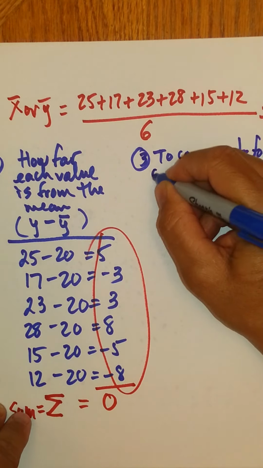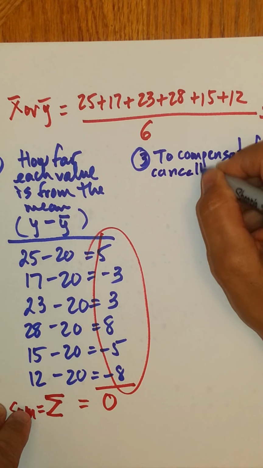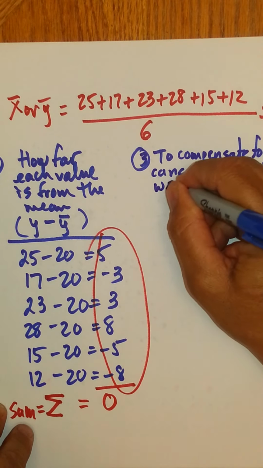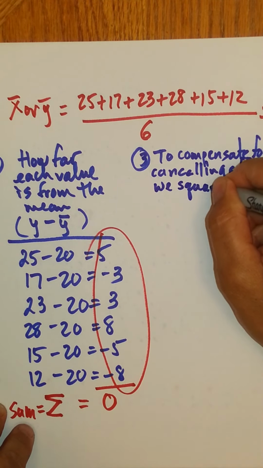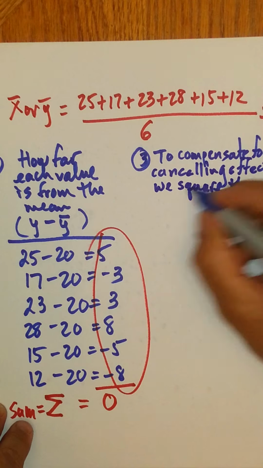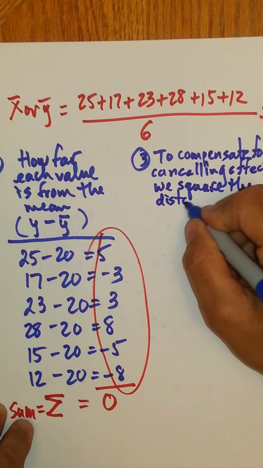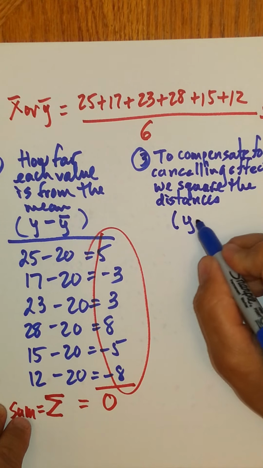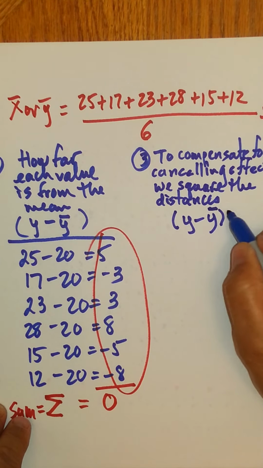For the canceling effect, we square the distances. Okay, so that's going to look like y minus y bar squared.